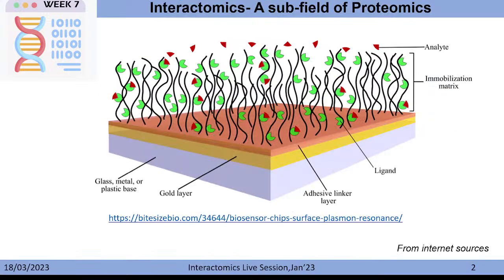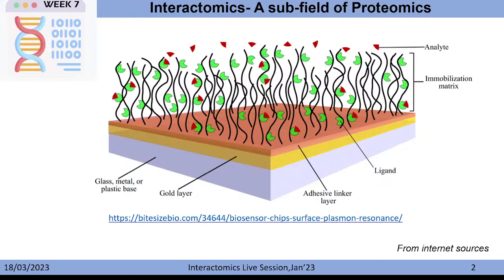This is a rough sketch of the chip surface. There is your adhesive linker layer, which provides the hydrophilic surface and helps in immobilizing the different ligands. Then there is the immobilization matrix, and you can see the ligands getting attached to that matrix.